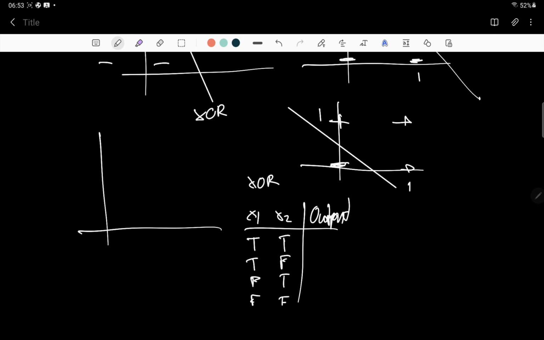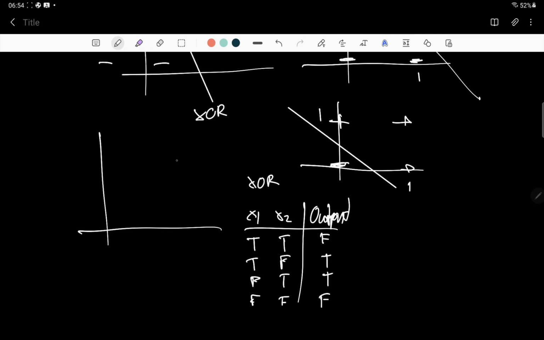In the case that the inputs are the same, the output is false. In the case of inputs that are different, the output will be true.